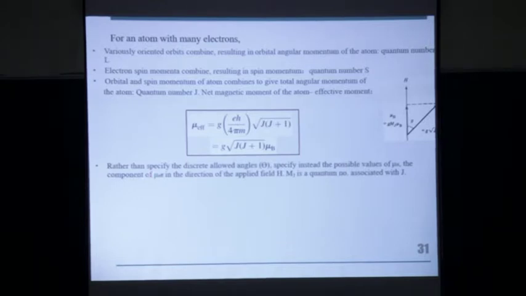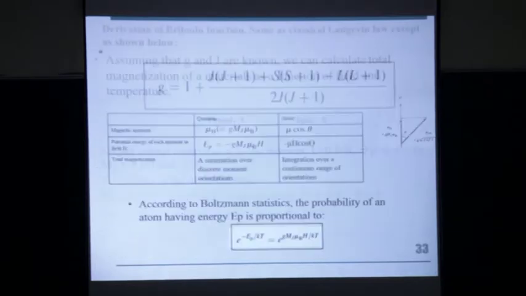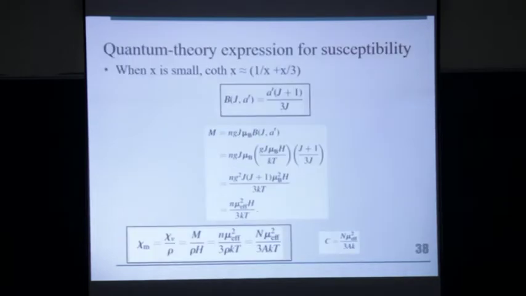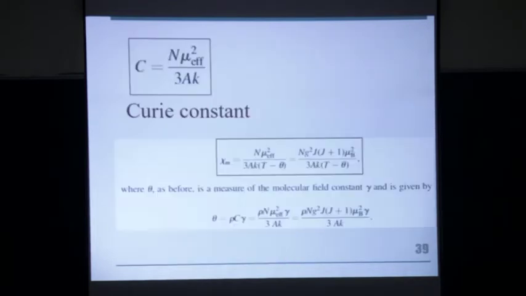Mu effective is the component of mu h in the direction of the applied field. So these are the quantum expressions for the susceptibility. Again, the Curie constant can be expressed even in the quantum case, and we can derive the expression for the susceptibility.